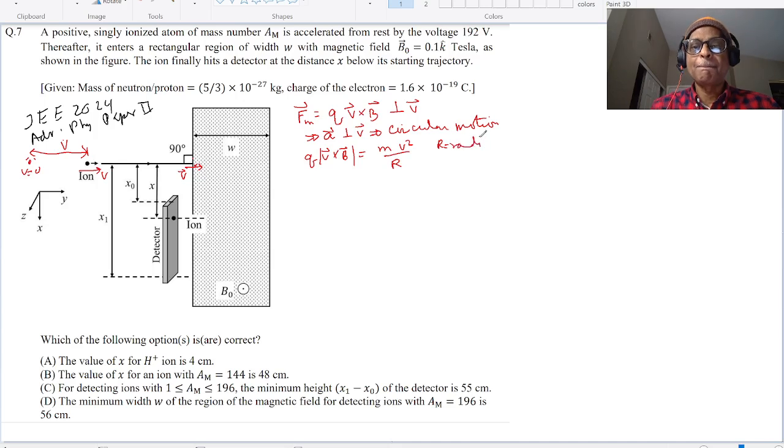Now v is also perpendicular to B in this diagram, so this is just simply v B sine 90 degrees, which is 1, and this v will cancel one of the v here. So you can write v equals Q r B over m.